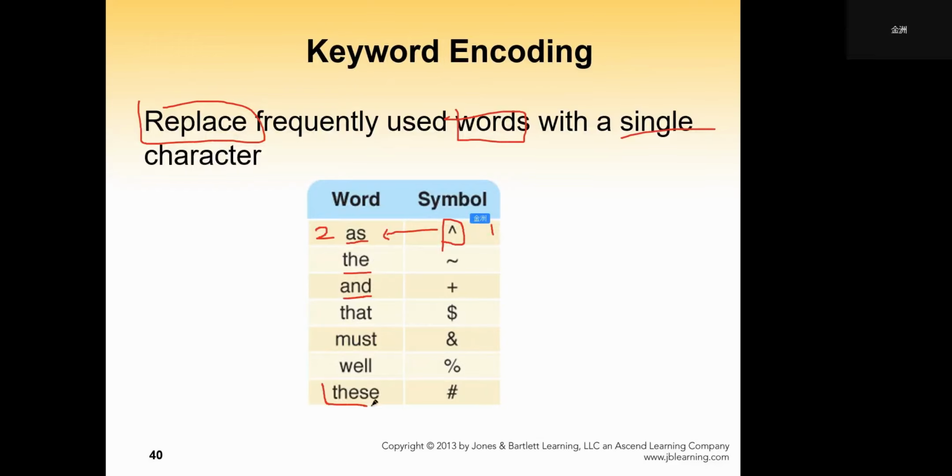Similarly, originally this needs 5 characters, and we use this symbol as an equivalent, which only needs 1 symbol. When we do the encoding or decoding, we just check the table we defined ourselves for this keyword encoding. So the concept is frequently occurring keywords.